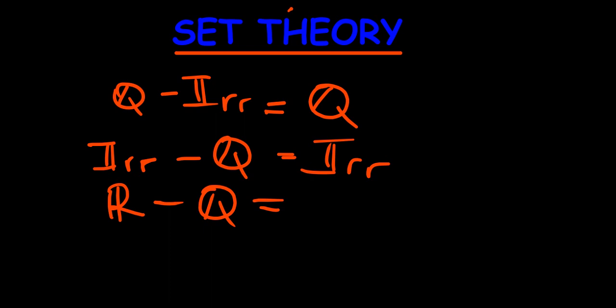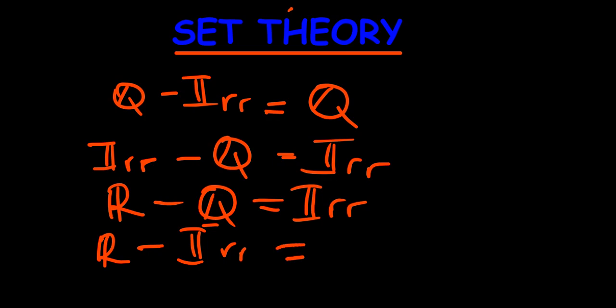Real numbers. Somebody can also talk of integers. Integers can also be expressed in the form of a over b. We know that. So when you remove rational numbers from the real numbers, you just remain with irrational numbers. When you remove the irrational numbers, you remain with the rational numbers.